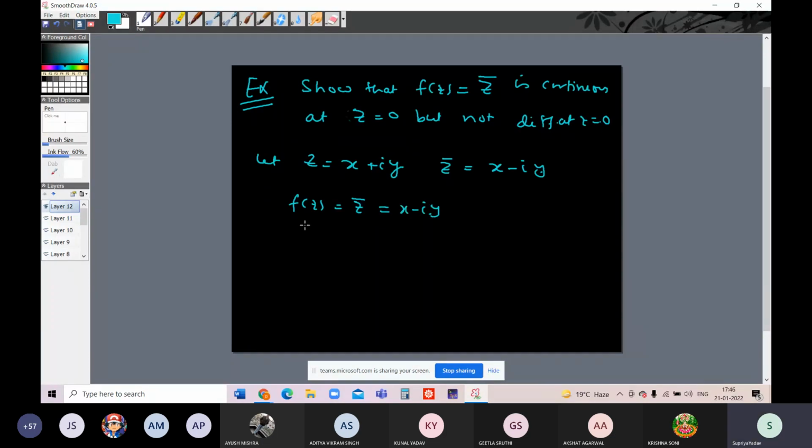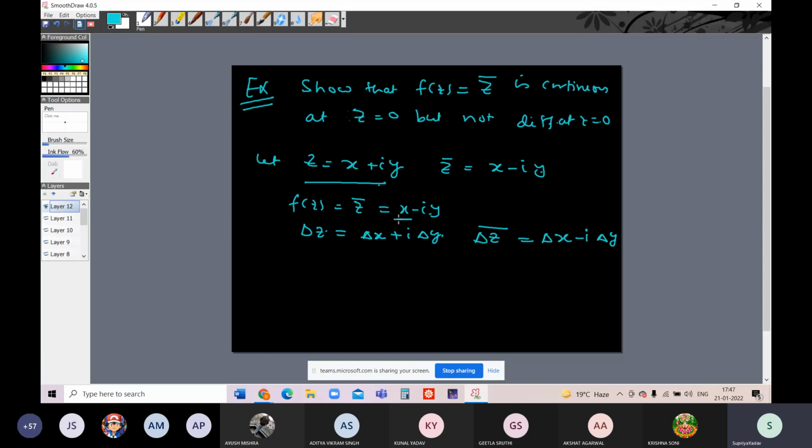A small increment in z is denoted by delta z, which is equal to a small increment in x plus i times a small increment in y. Its conjugate is delta x minus i delta y.